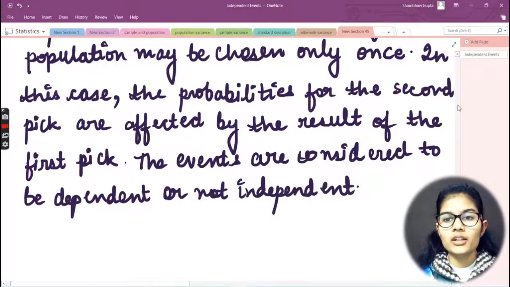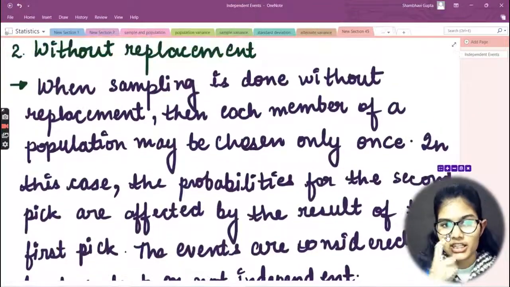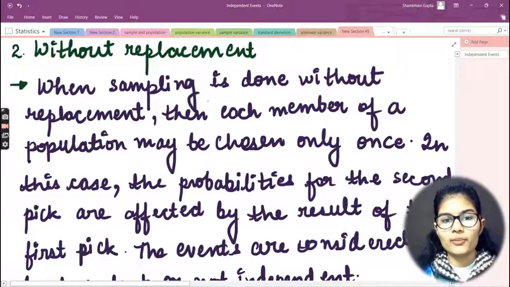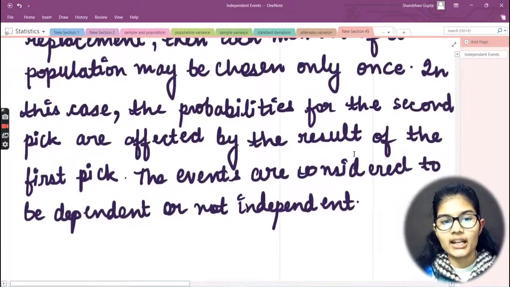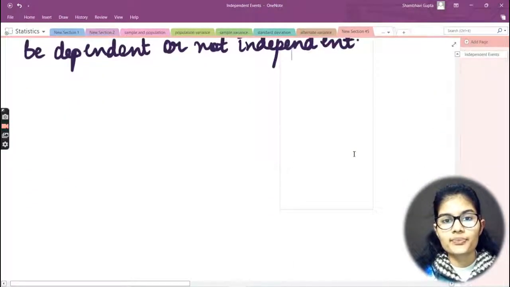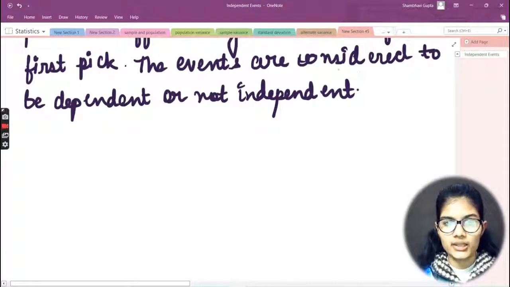So here, in the without replacement, when sampling is done without replacement, then each member of the population may be chosen only once. In this case, the probabilities for the second pick are affected by the result of the first pick. The events are considered to be dependent and not independent.